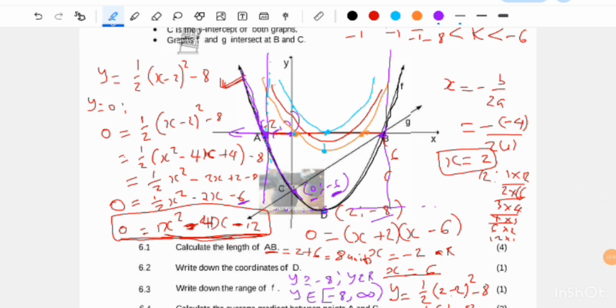Because you can see that there is your graph. So what does it mean? It's when x is less than or equal to -2, because that point is -2. And also my graph is above the x-axis anywhere at this point going to this side, because you can see that your graph is above the x-axis. What is that point? So it means when x is greater than or equal to 6.